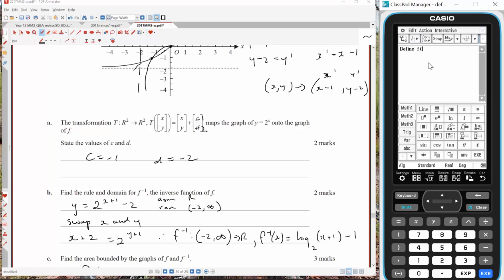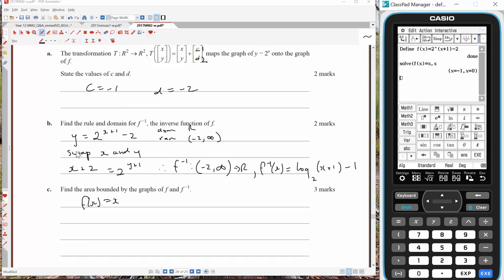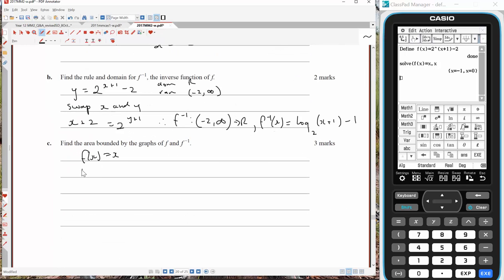So define f of x equals 2 to the x plus 1, take 2. Solve f of x equals x. Okay, so x equals -1 and x equals 0.